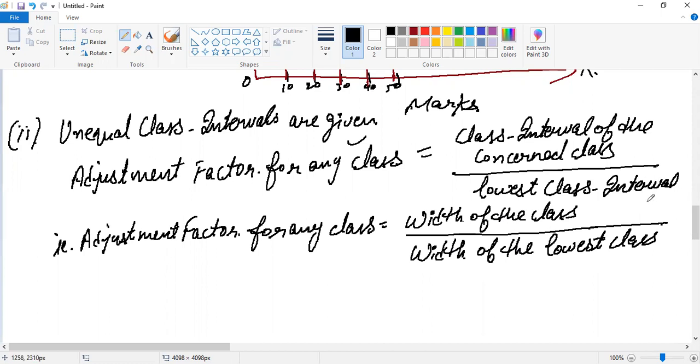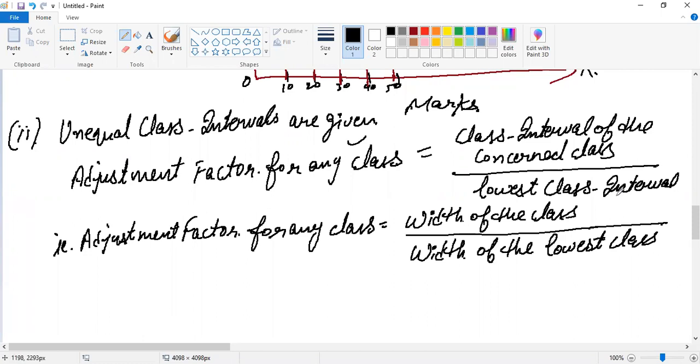Clear? And the third step: the frequencies of classes with the lowest width are not changed, and the frequencies of all other classes are adjusted by dividing them by the adjustment factor.